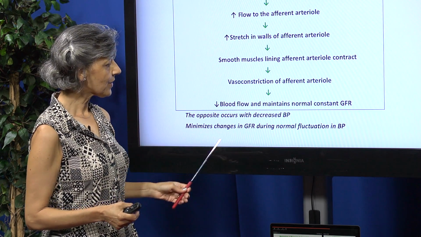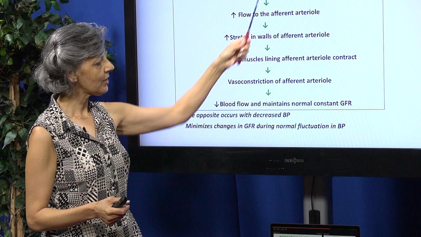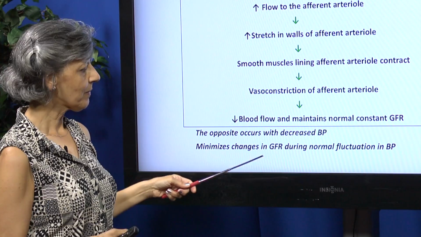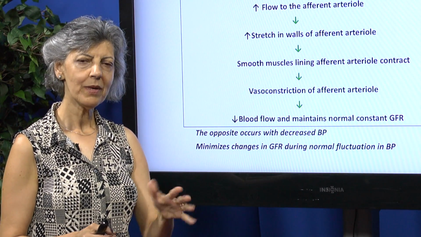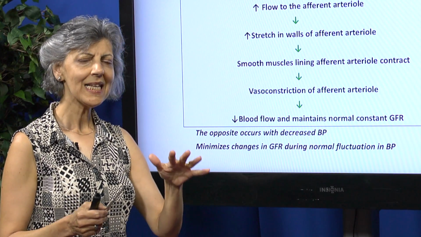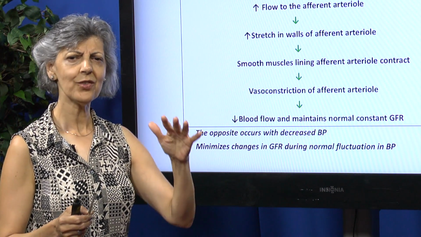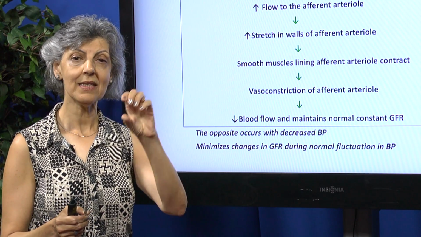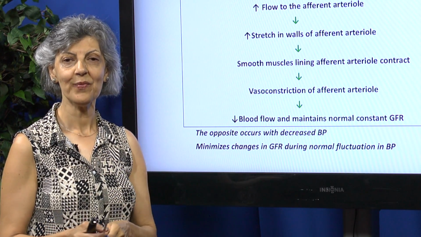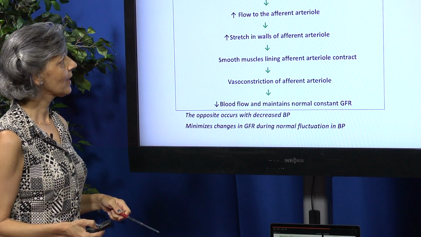So these are very important for autoregulation, and they will minimize changes in glomerular filtration with little fluctuation in blood pressure. A little increase or a little decrease, the myogenic mechanism will maintain the regular, constant flow of filtration.